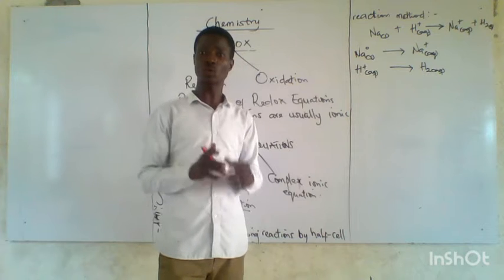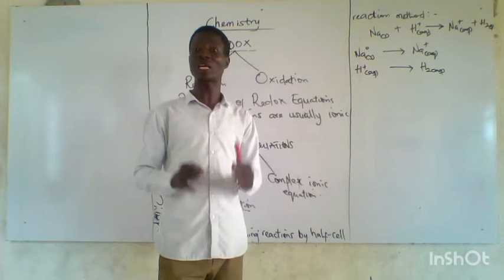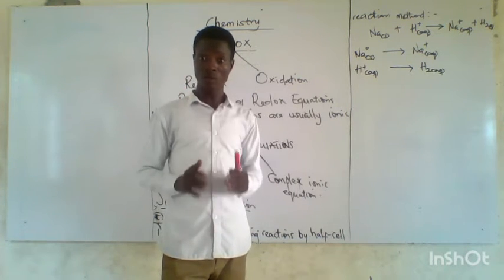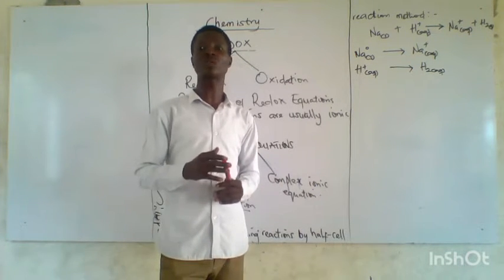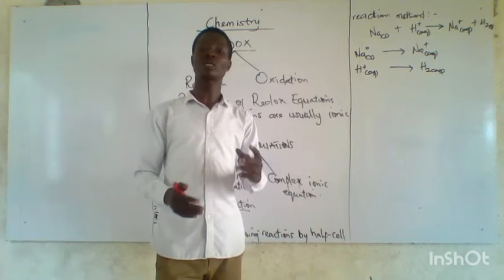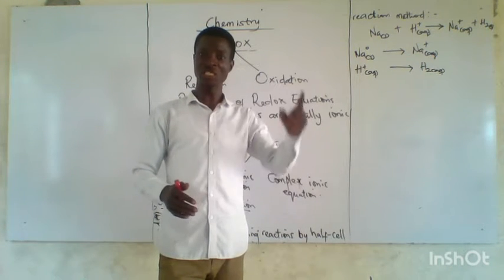But the first thing to do today is to know how to balance the question given to you. So, how will I identify if the question is a complex or a simple ionic equation?